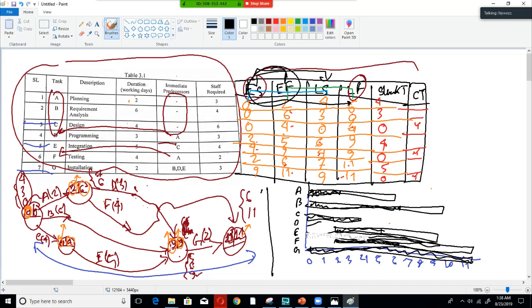G also has to be used actually. Now let us go to the staff utilization part.